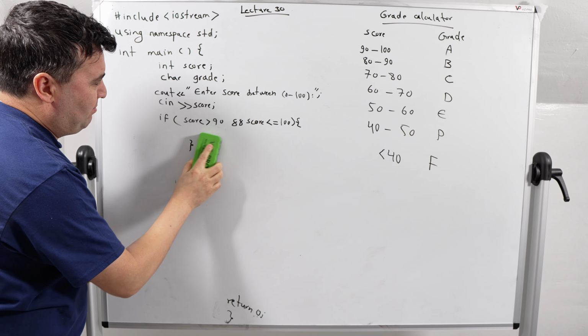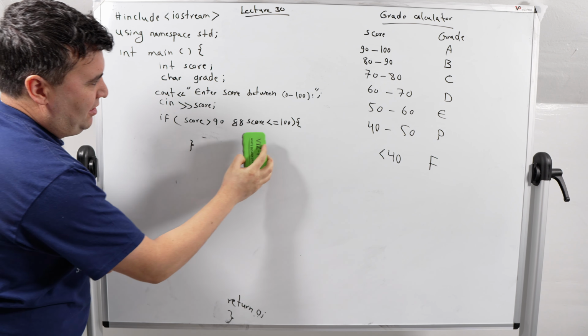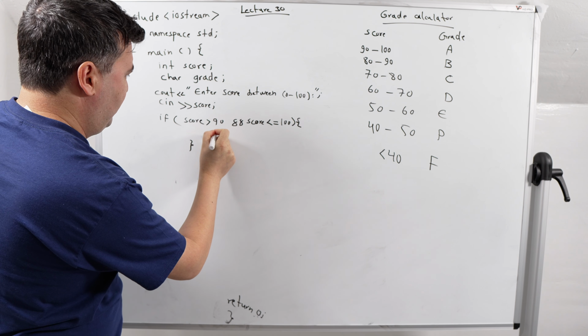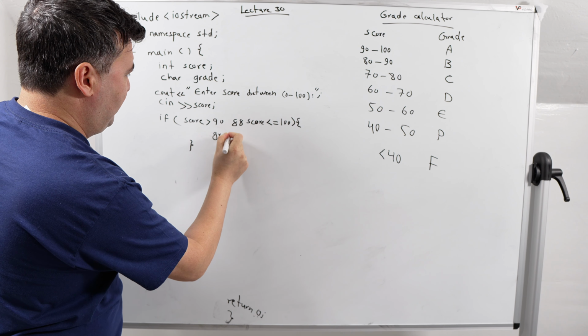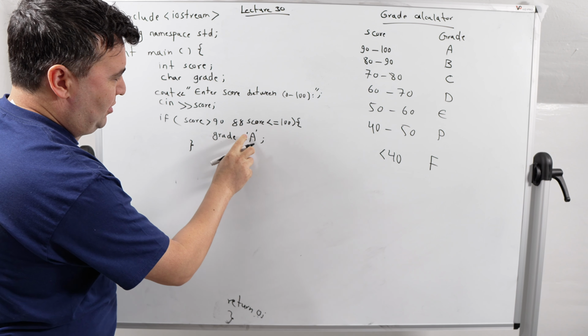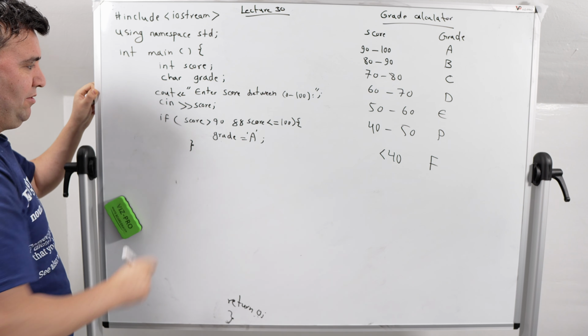So if the score is between 90 to 100, I need to say grade is equal to A. And I put it inside single quotes because it's a character.